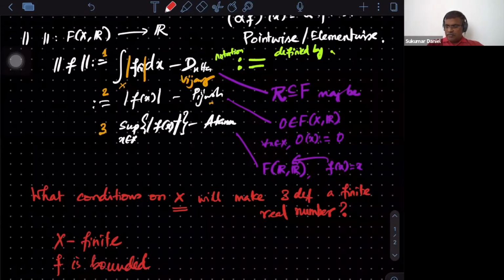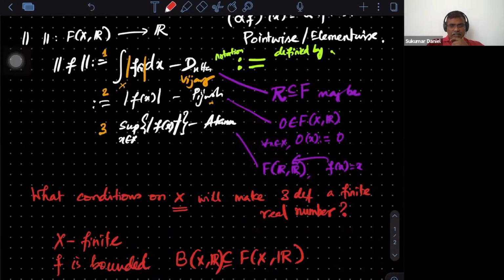That means I am not considering the full F. So maybe I'll call it B, which is a subset of this X to R, the bounded functions from X to R. By bounded function, you might have known already, there exists M, capital M, such that for all x in X, modulus of f of x is less than or equal to M. And hence the supremum also has to be less than or equal to M. By the way, supremum means LUB. So I'll prefer to use LUB.